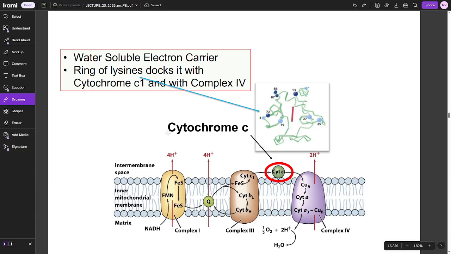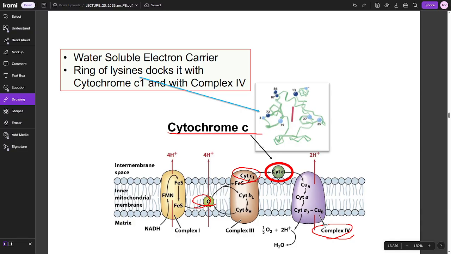So cytochrome C, unlike ubiquinone, or quinone, which is hydrophobic, cytochrome C is water soluble and is an electron carrier. You don't really have to know the exact structure, I would say, but what's helpful to know is that it's a ring of lysines that helps it dock with cytochrome C1 and with complex 4.